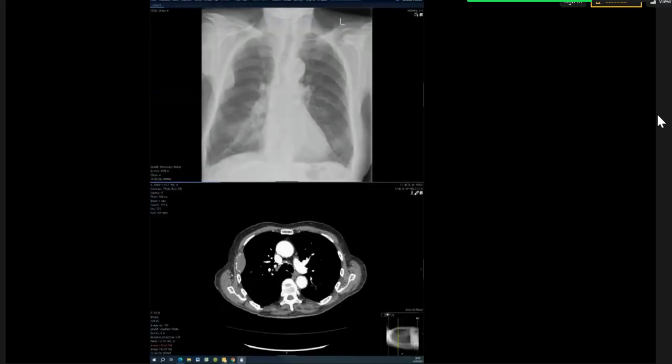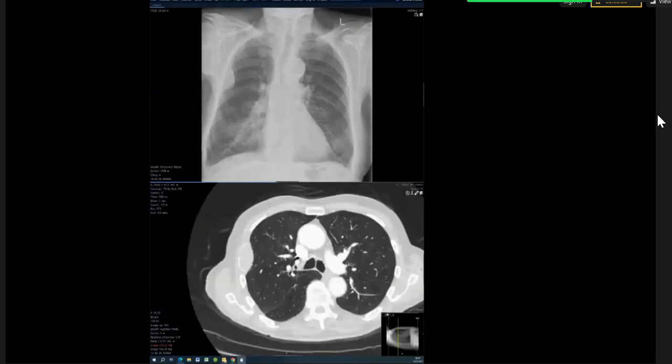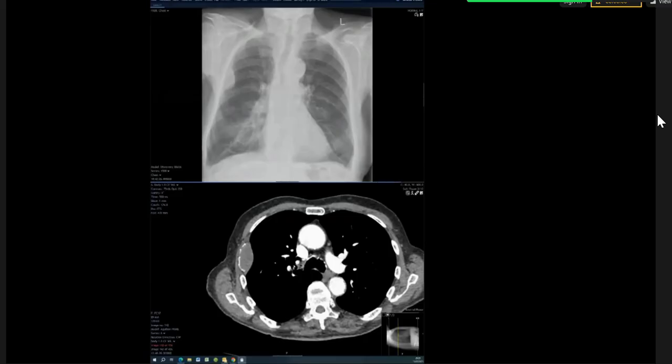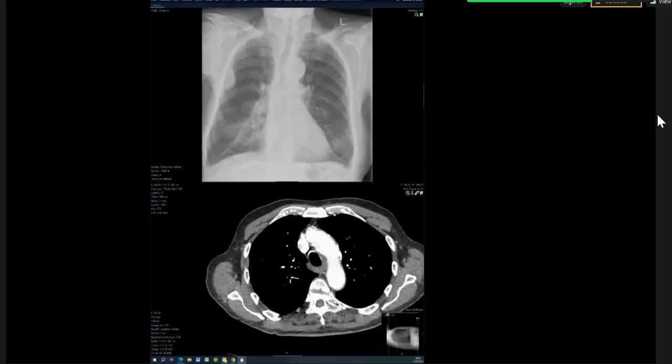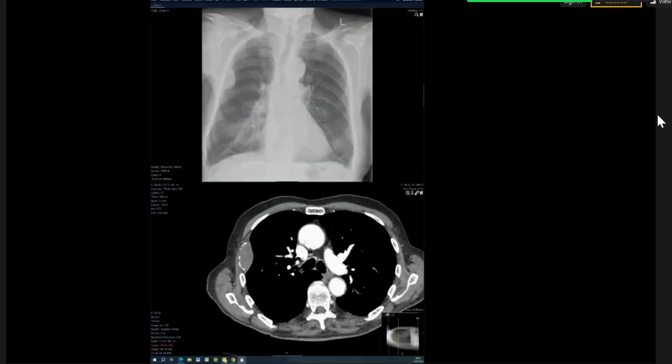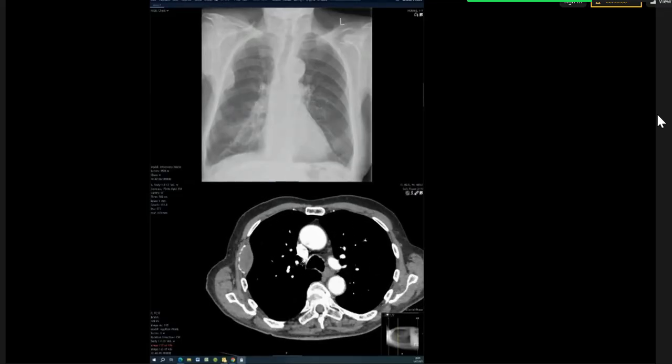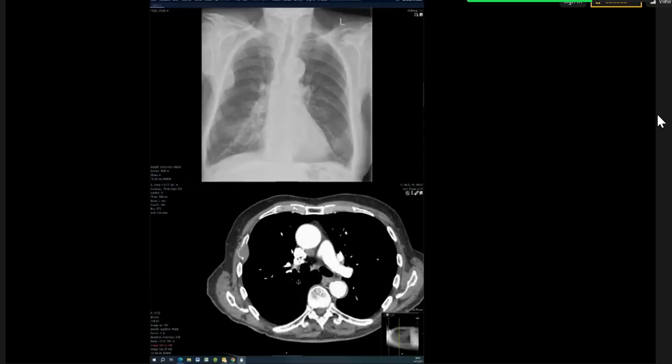So let's see if you say the right words to describe it. Yes. So in the right chest wall or the right ribs, there is a soft tissue mass that is expanding the ribs, which is suspicious for an expansile bone mass.